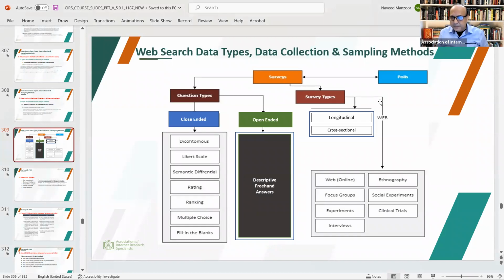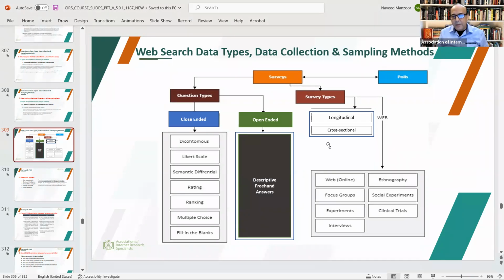Anyway, these are different ways in which we collect these surveys, or where we can actually use these terms like focus groups, social experiments, clinical trials, etc. We already have learned how these collection methods work.